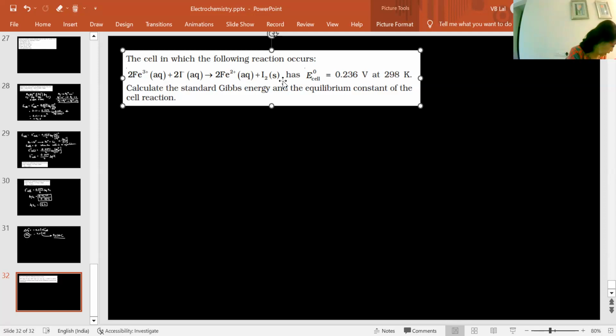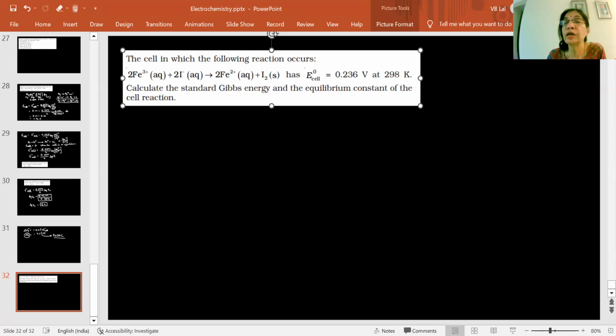So how will we do that? First, calculate delta G, the Gibbs energy.